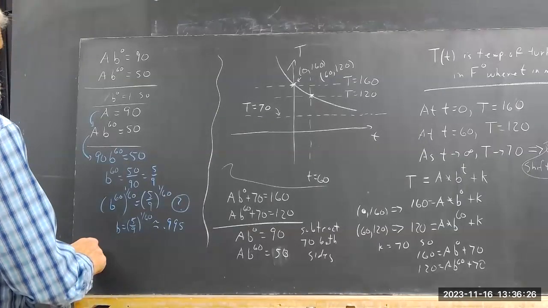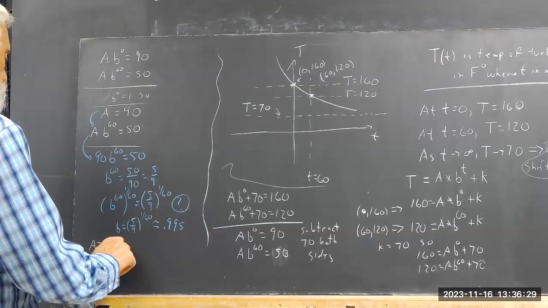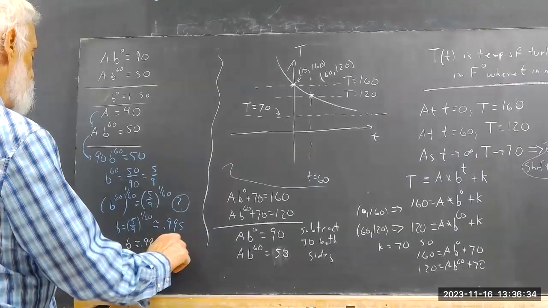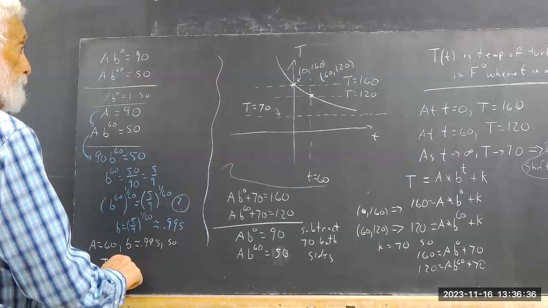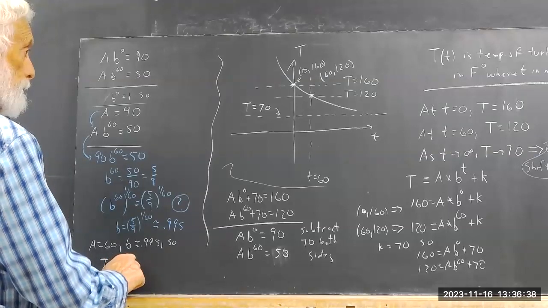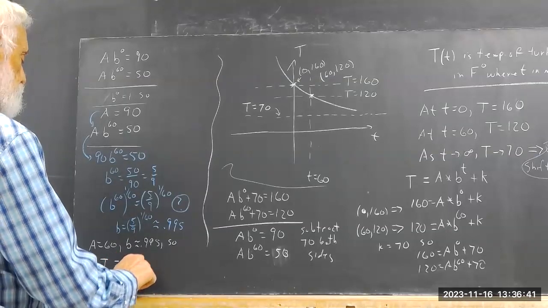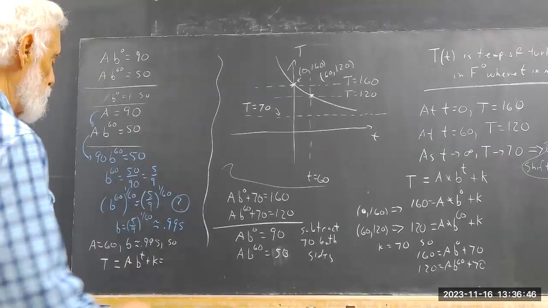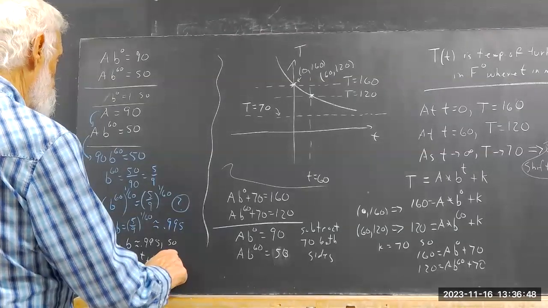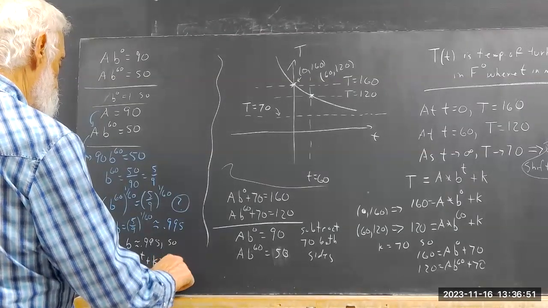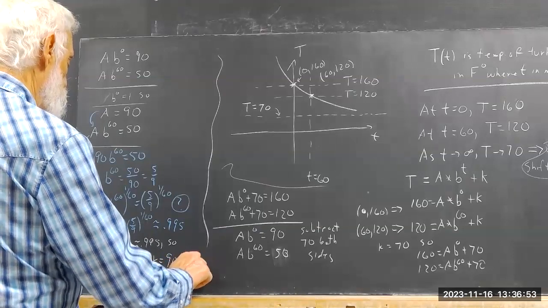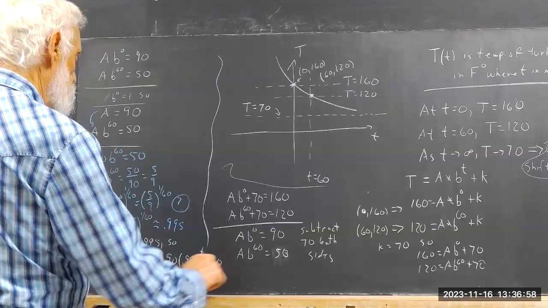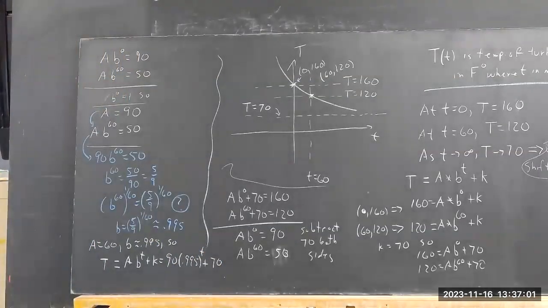So big T is A B to the T plus K. That's going to be 90 times 0.995 to the T plus 70.